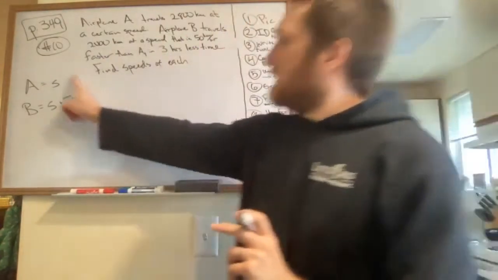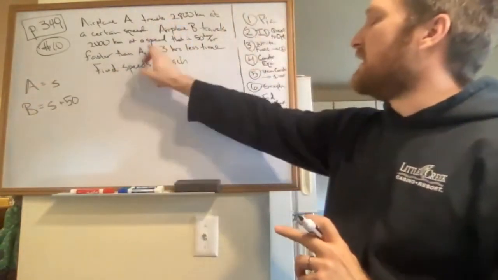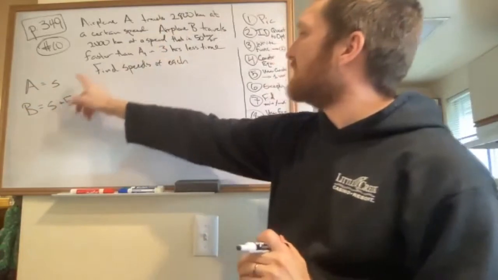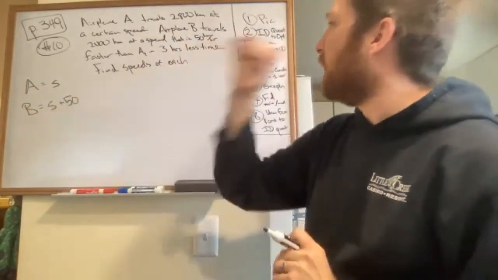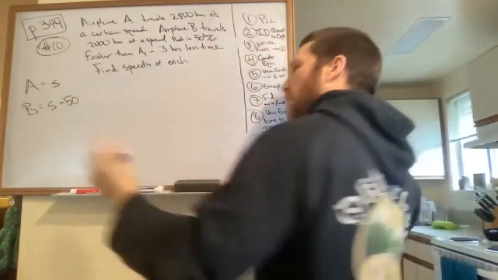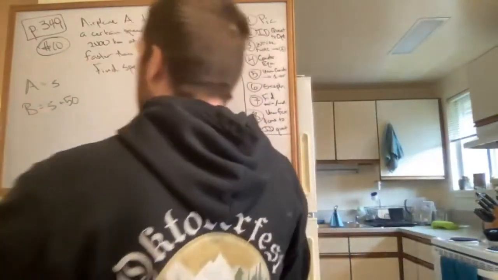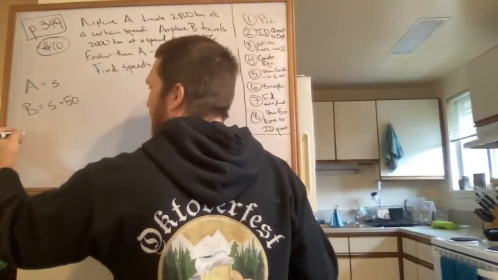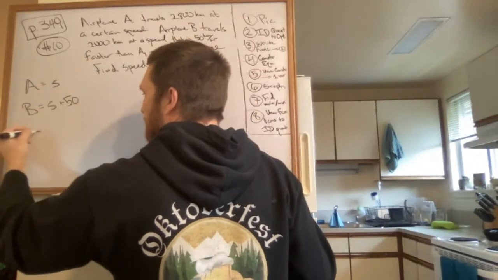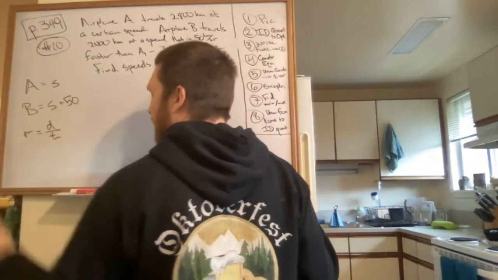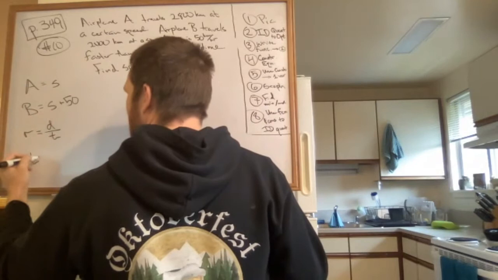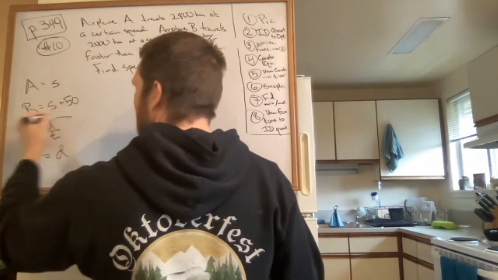So my idea as I started reading this was, yeah, this is the kind of thing we're dealing with. Anytime we're dealing with speeds and distances, I think that rate is equal to distance over time, or that rate times time is equal to distance.